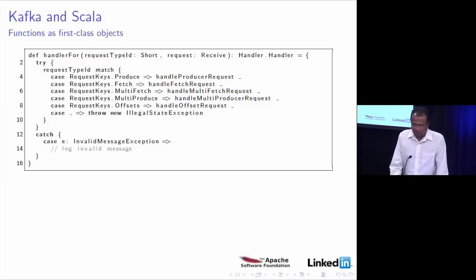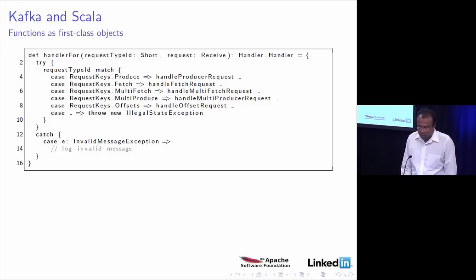Another example that happened, I think, last week was we were seeing some corrupt produce requests, and we wanted to debug what was going on. So we searched through our code, and we found this method that we thought would help us debug.